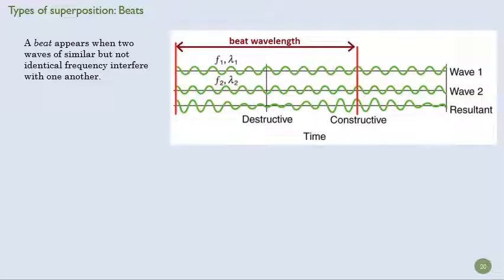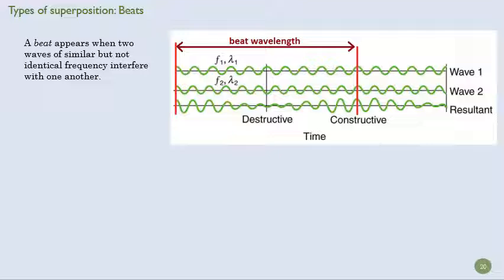Well, what happens is as they sum up, you could go down and see that those are adding there, and here there's mostly destructing each other. You get a wave that looks like this one at the bottom that keeps the general frequency of the two waves, but the amplitude grows and shrinks over a longer period of time. And that's what we call a beat.